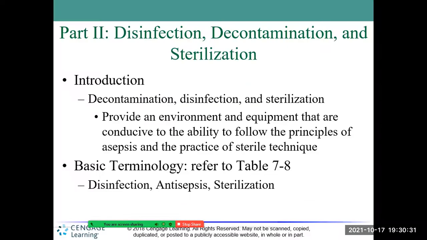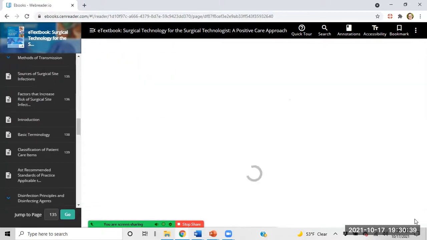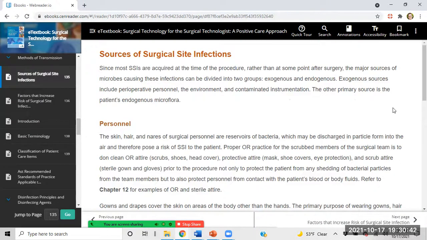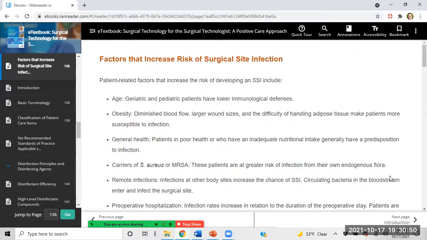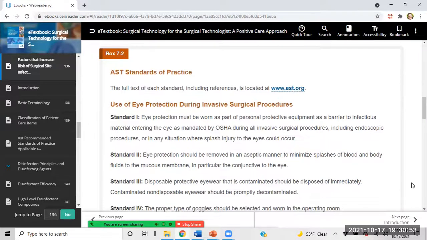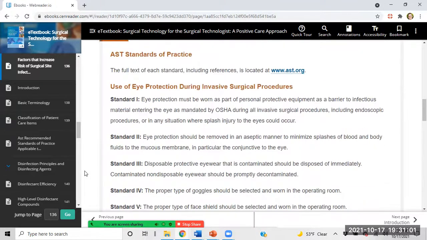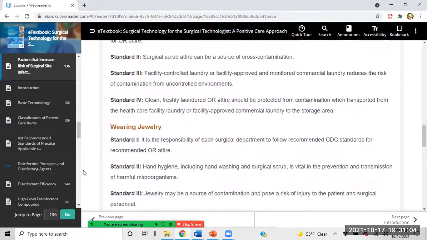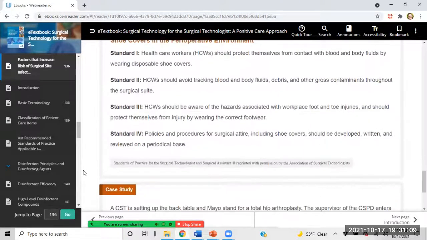So let's look at the basic terminology here, and I'm not going to go through all of it. Oh, here's something interesting I was reading through: AST standards of practice for eye protection during invasive procedures, the laundering of scrub, wearing jewelry, lab coat, hand hygiene, fingernails, head covers, shoe covers, all of that.